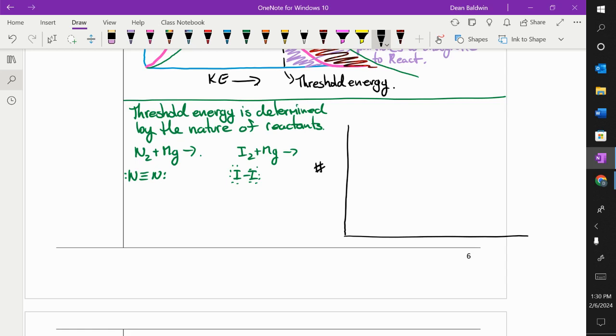So if you're doing this energy diagram, with number of molecules, and this is kinetic energy, and they're at the same temperature.